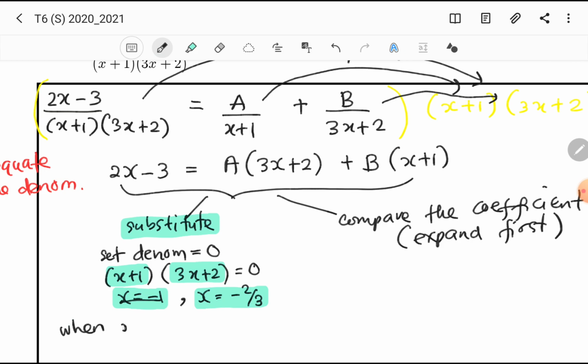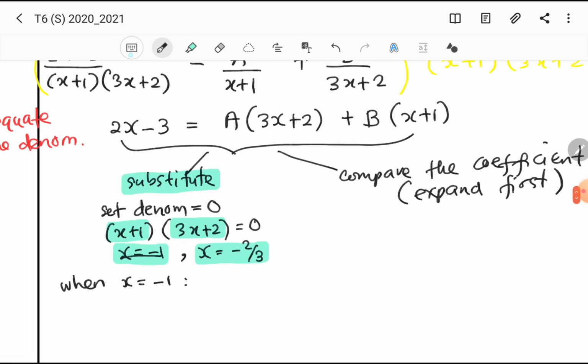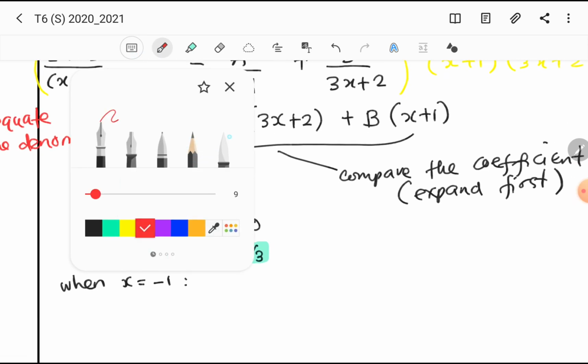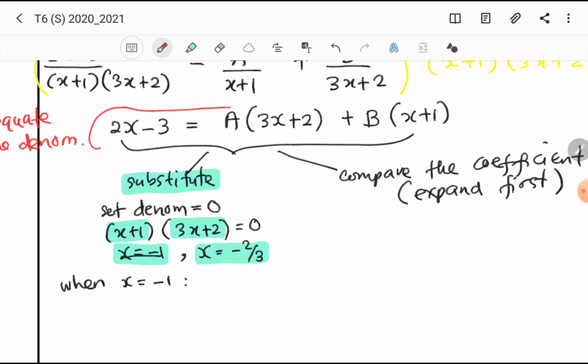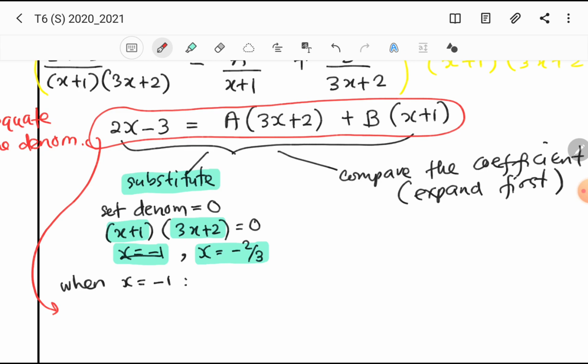So, when x equals to negative 1, okay, we substitute yang dalam mana? Ni, dalam yang ni. Dalam kita punya yang equate the denominator. Okay, ganti negative 1. 2 times negative 1 minus 3 equals to a times 3 times negative 1 is negative 3 plus 2.